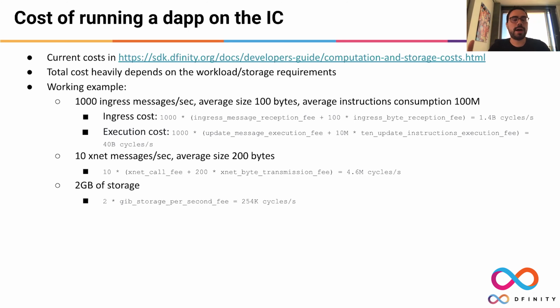So if you know that you have 1,000 ingress messages per second and an average size of 100 bytes, and the average instruction consumption is 100 million, then you can put down these formulas with all the numbers that you can take from the documentation and calculate a final cost per second or per month or whatever you care about. I know that maybe this is not the best answer we can give, but I think it's the best we have at the moment.